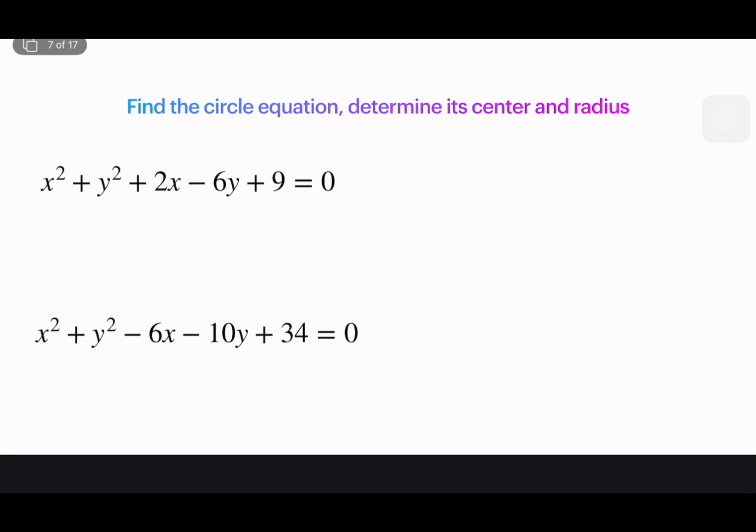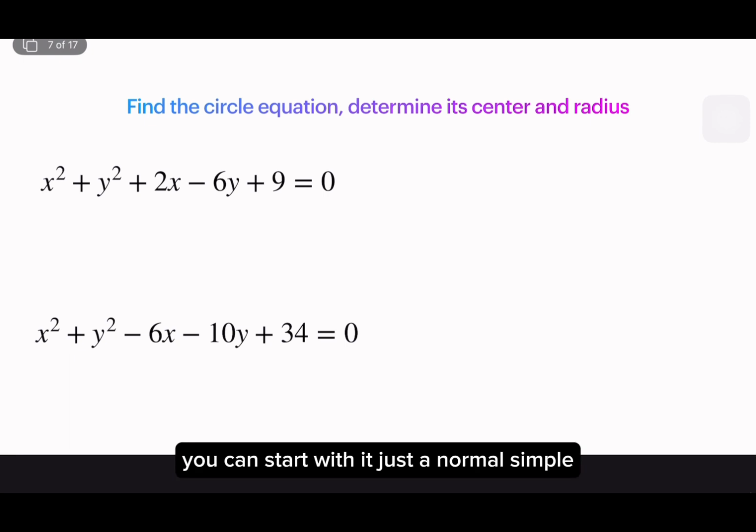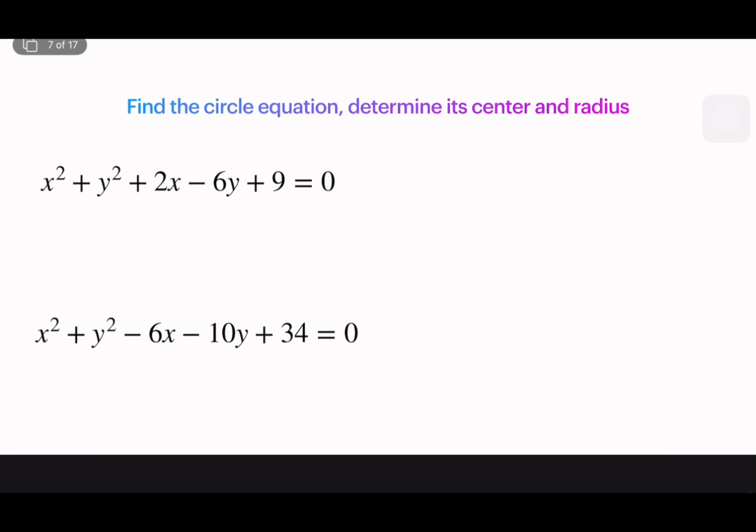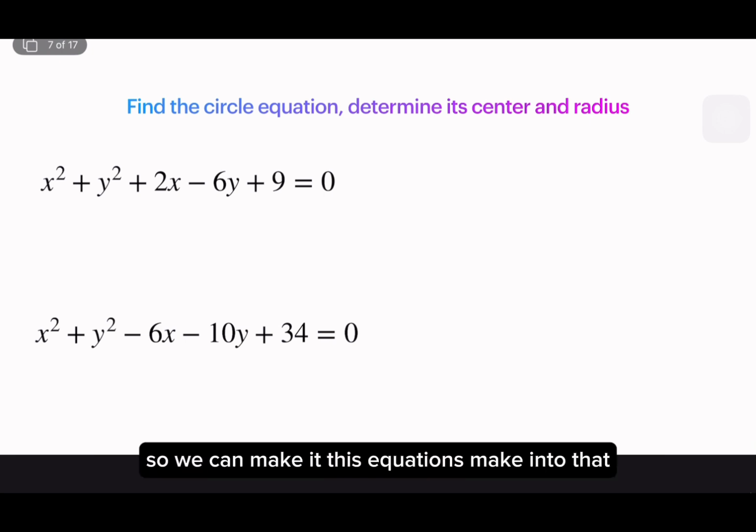Remember how to find the center and radius? You can start with a normal circle, x squared plus y squared equals a constant, or radius squared. So we need to make this equation into that form. It could be x minus something squared plus y minus something squared equals another constant.